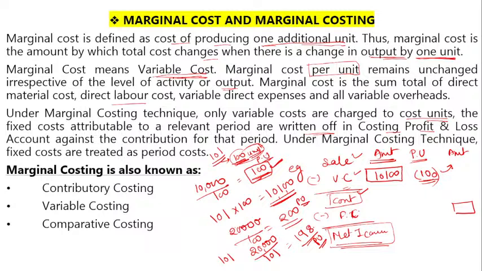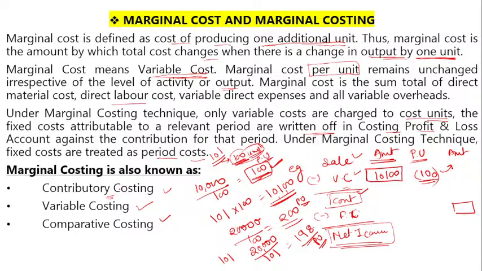Under the marginal costing technique, the fixed costs are treated as a period cost. Marginal costing is also known as contributory costing, also known as variable costing, also known as comparative costing. Why is it contributory costing?